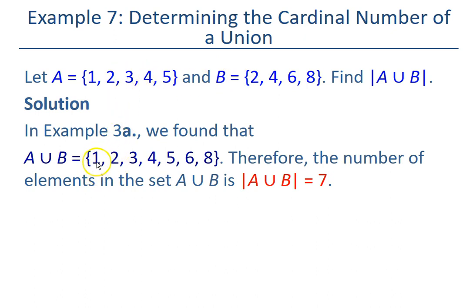So now how many elements do we have here? Well, counting 1, 2, 3, 4, 5, 6, 7. We have then the cardinal number, and this is how you write it. The cardinal number of the union of set A and B is 7.